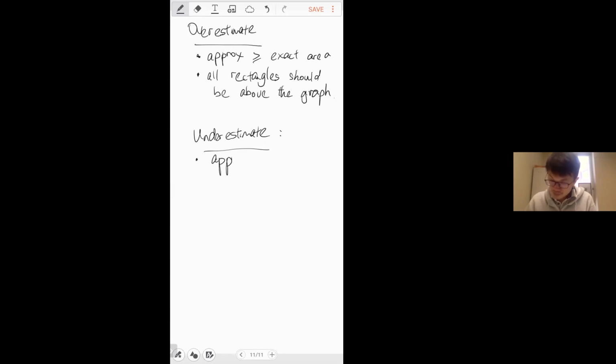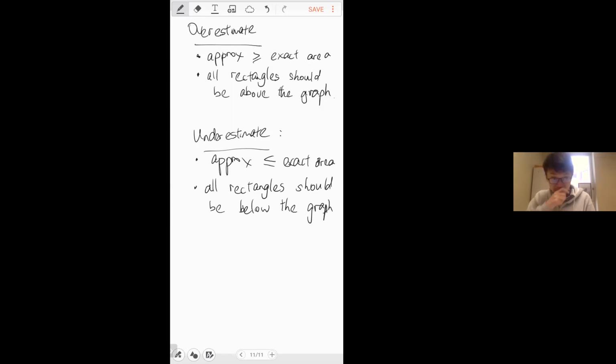For underestimate, the approximation would be smaller than the exact area. And that means all the rectangles you're taking should be below the graph. Is it okay?